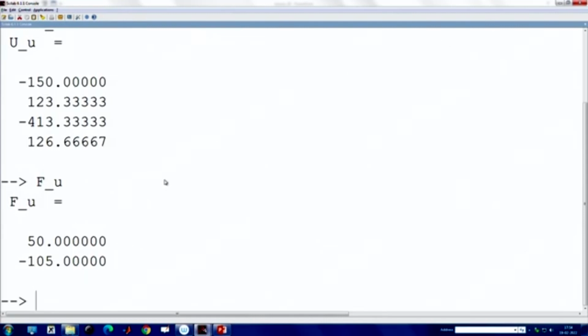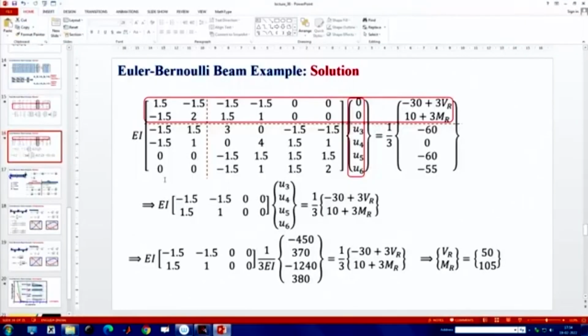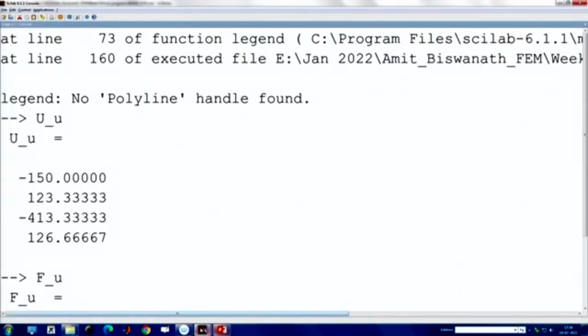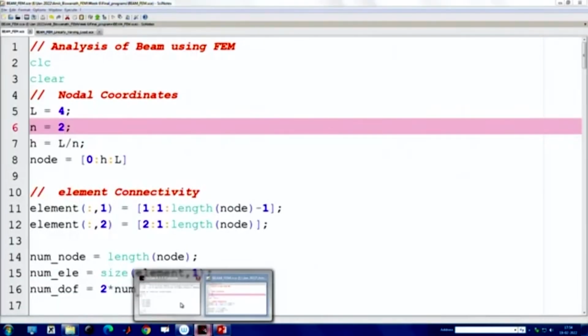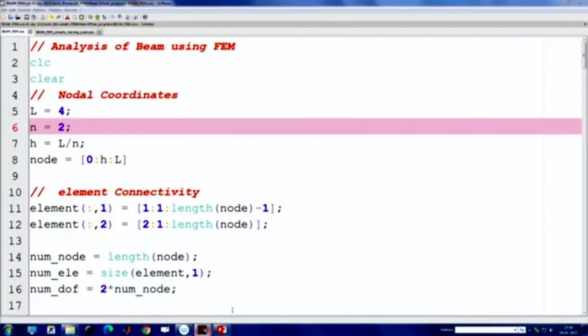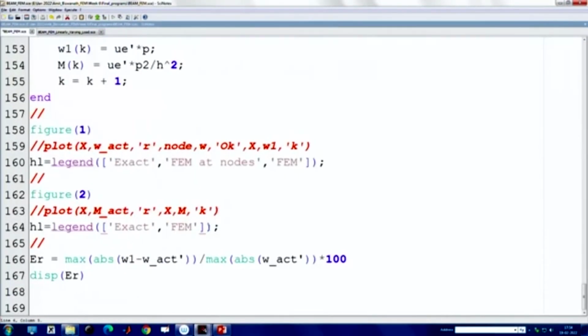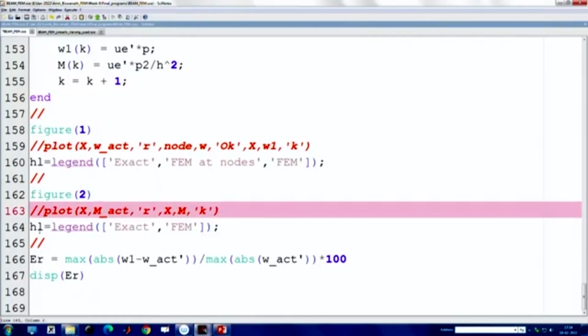Okay. Now let's plot the deformed shape and the moment. First let's do it for one element and plot it.